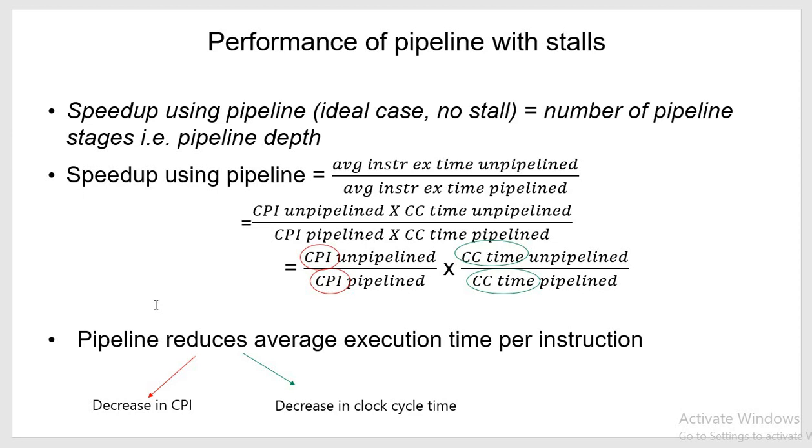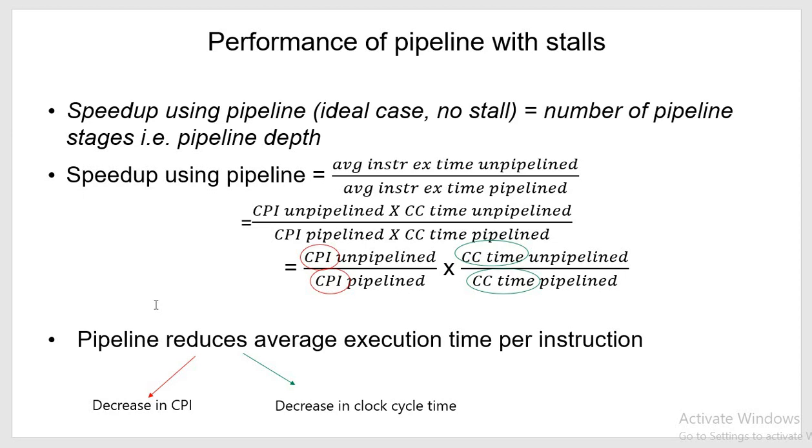The equation used to calculate the performance or speedup of a pipeline structure is the average instruction time of unpipelined divided by the average instruction time of pipelined, and that will be equal to the number of pipeline stages or pipeline depth.